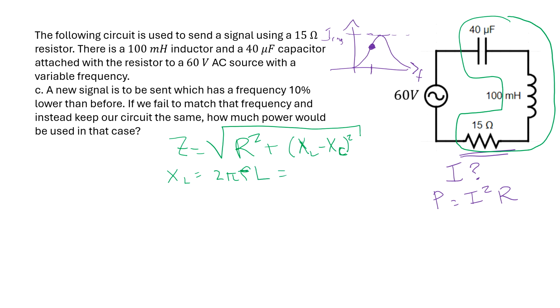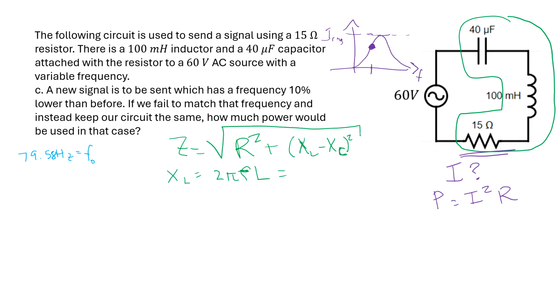And our frequency is 10% lower, so let's do that real quick. We started at almost 80 hertz, 79.58 hertz was our f naught, but we said we went 10% lower.